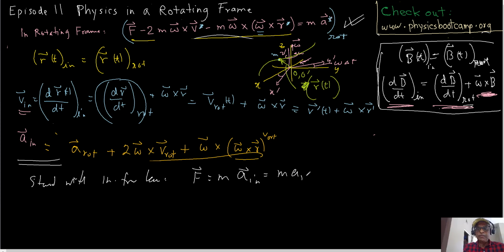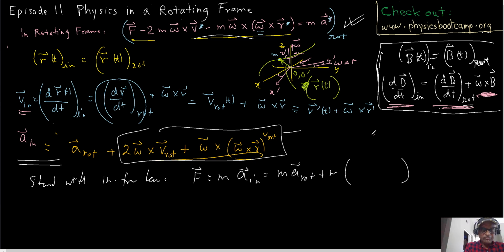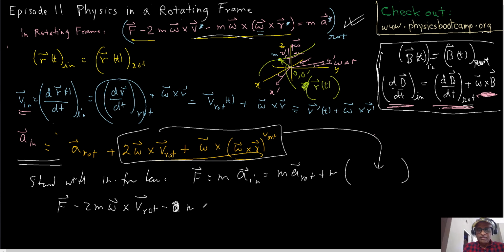And now bring the fictitious forces to the left. We will have F minus 2m omega cross v rot minus, not 2m, m omega cross omega cross r equals m a rot. And so this will be the law.